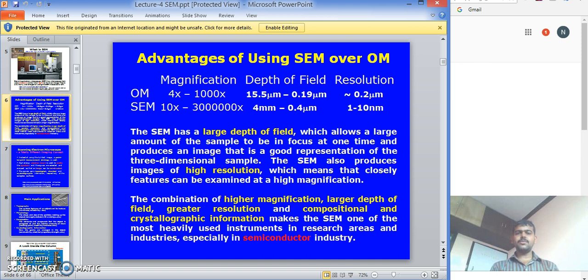The SEM has a large depth of field which allows a large amount of the sample to be scanned at one time and produces an image that is a good representation of the three-dimensional sample. The SEM also produces images of high resolution, which means that closely spaced features can be examined at a high magnification. The combination of higher magnification, larger depth of field, greater resolution and compositional and crystallographic information makes the SEM one of the most heavily used instruments in research areas and industries, especially in the semiconductor industry.